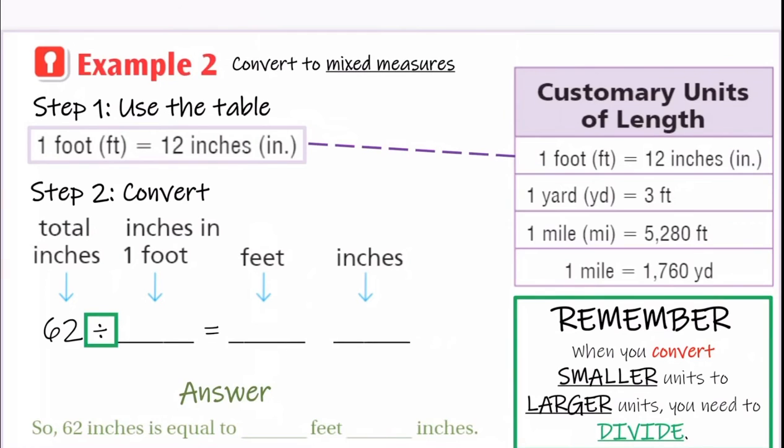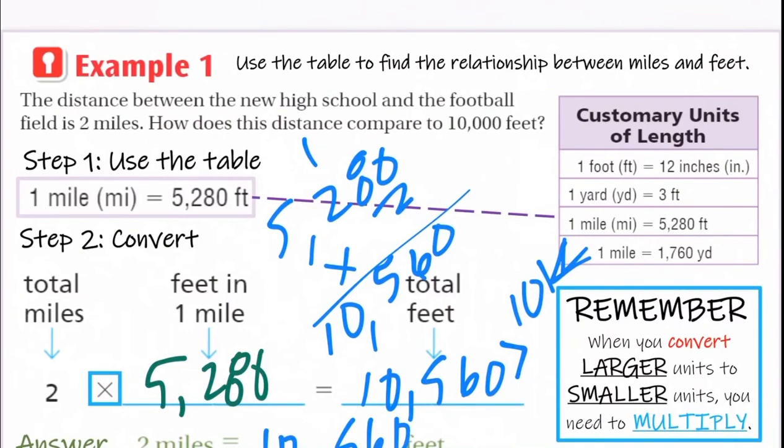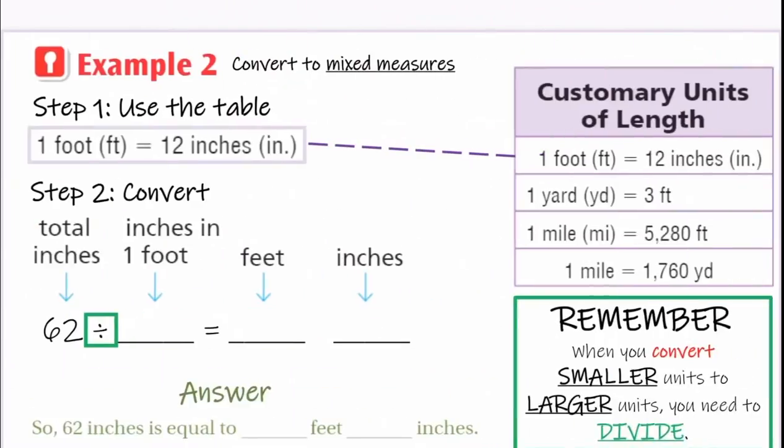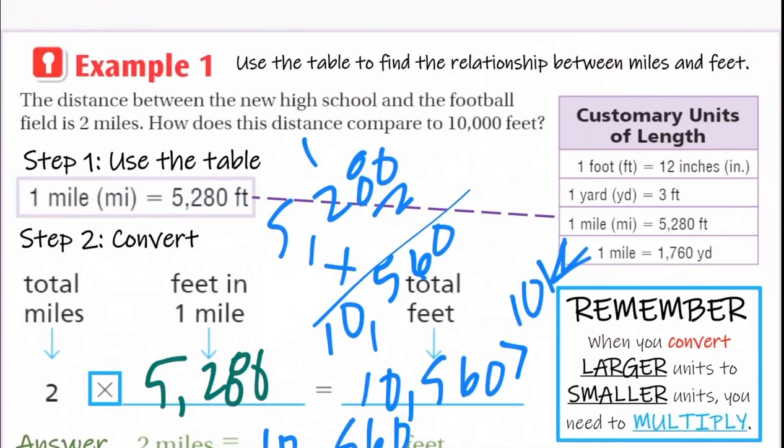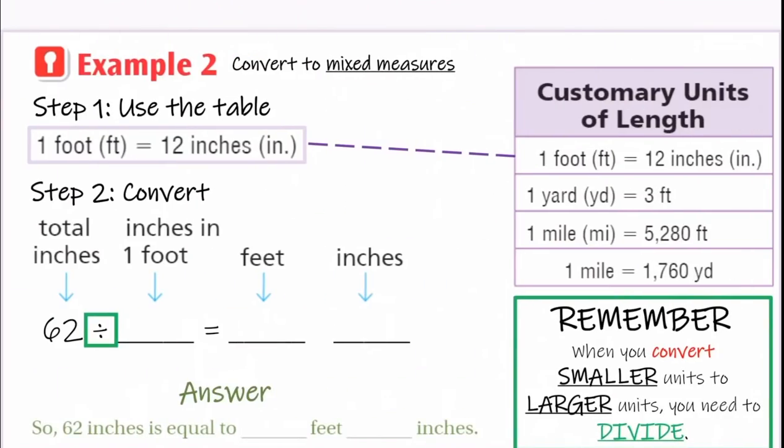Okay, our second example. In our first example, we multiplied. In our second example, we're going to divide. Remember, we multiply when we're going from miles to feet, from the larger unit to the smaller unit. That's really important. Now we're going to be dividing, going from a smaller unit, like inches, into a larger unit, like feet.